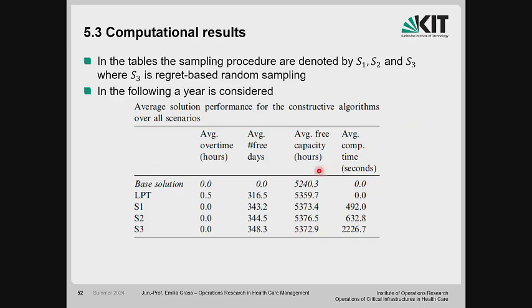And of course, the better the heuristic, the more computational time you have to take into account, so it is more expensive to determine the solution. But it leads to the highest number of free days and the highest free capacity that could at the end be used for emergencies.